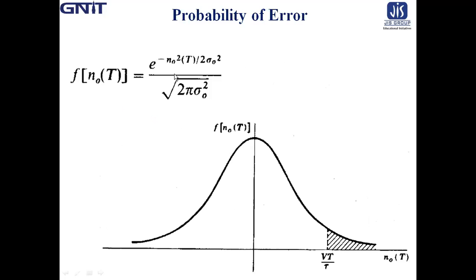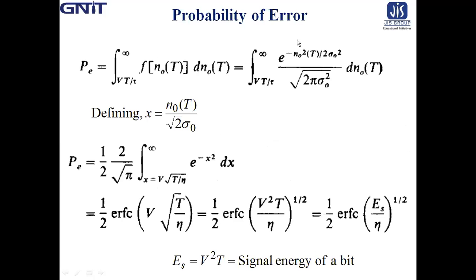As I already wrote, it follows AWGN noise, so it is a Gaussian function: e to the power minus n0 square(T) by 2 sigma 0 square, divided by root over 2 pi sigma 0 square. This is the density function of noise, multiplied by dn0(T).